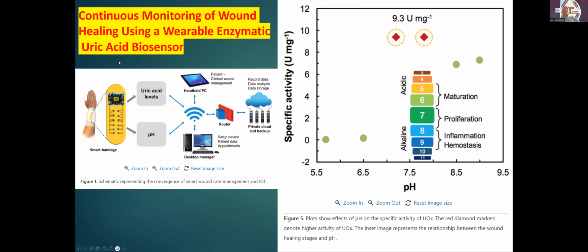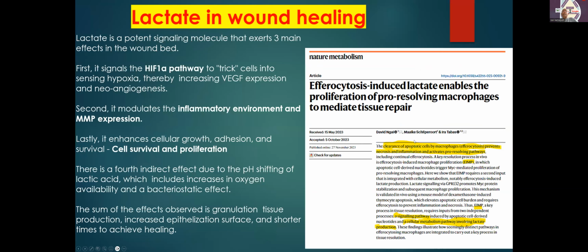They found that the pH and uric acid levels are very valuable in determining where the pH is going and how the wound is improving. So that was a significant thing that I noticed.